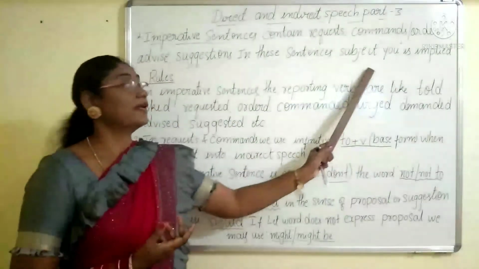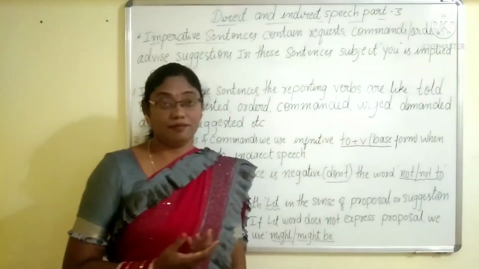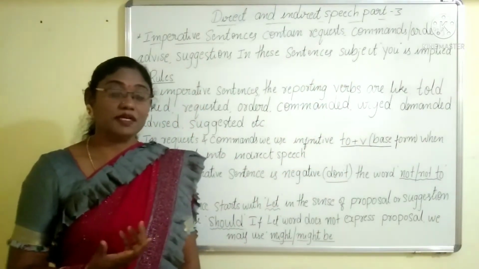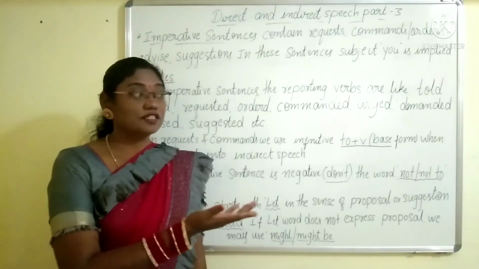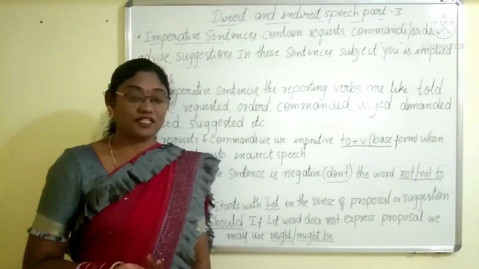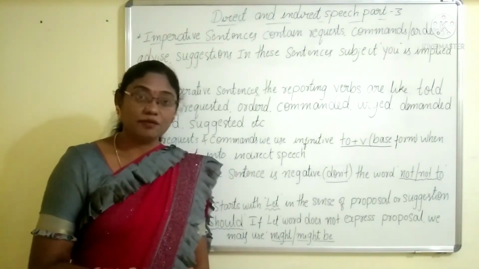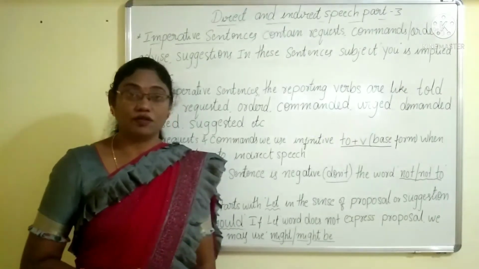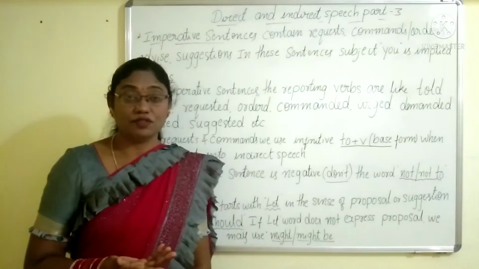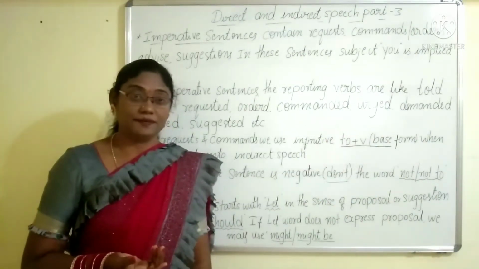It is implied. For example, if I ask someone, close the door, that is an imperative sentence, right? Open the book, imperative sentence. It means you open the book, you close the door. So, you is understood. That's why I mentioned here you is implied.